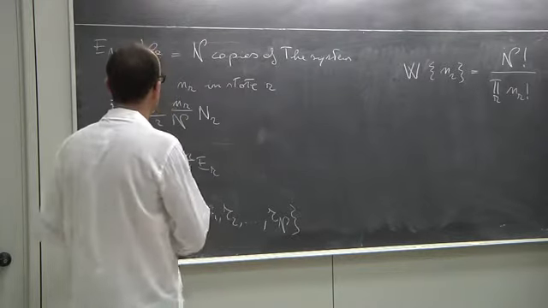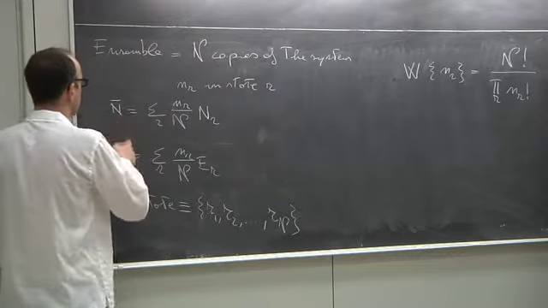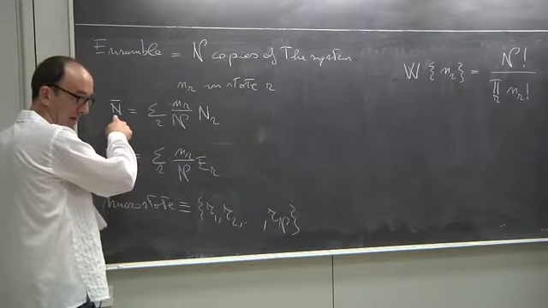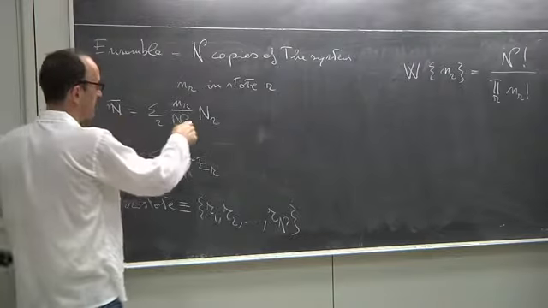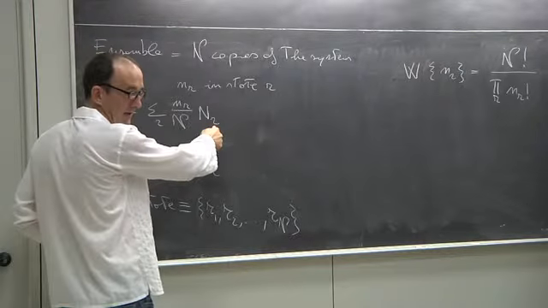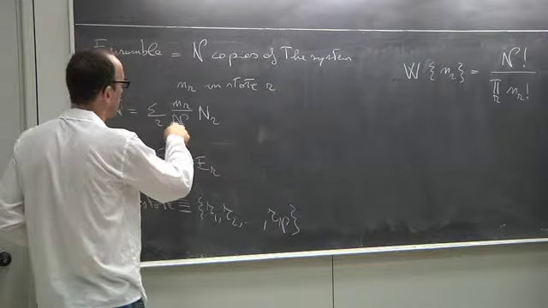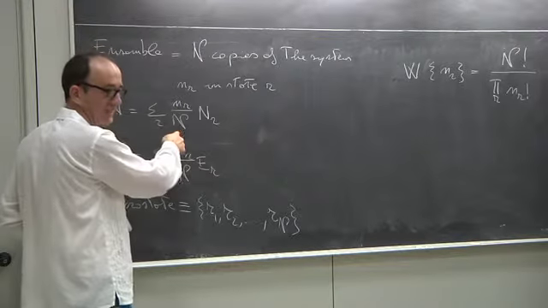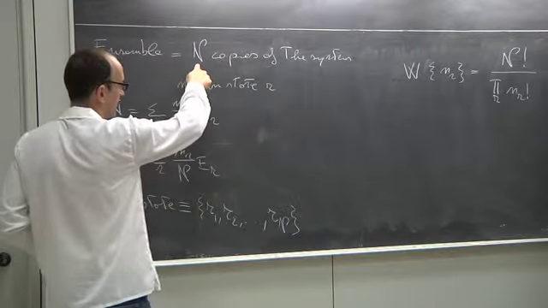So this n is the number of particles of state R. This n curly is the total number of copies.